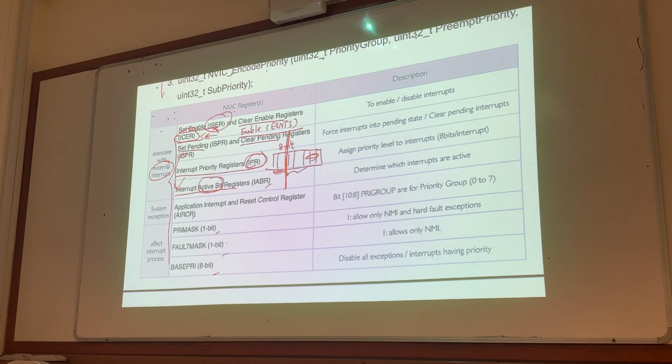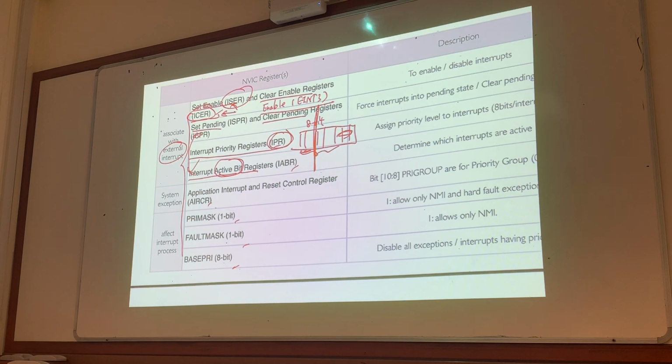And then for the system exception, you can consider this as internal interrupts. For example, your reset, your hard fault, your SysTick. They are internal interrupts. So you are using the application interrupt and reset control register.